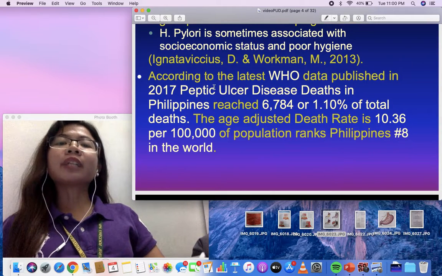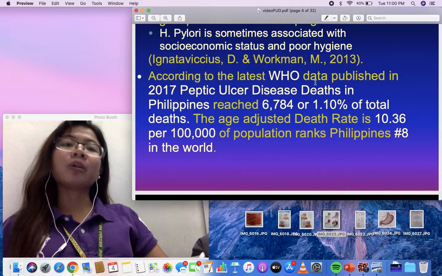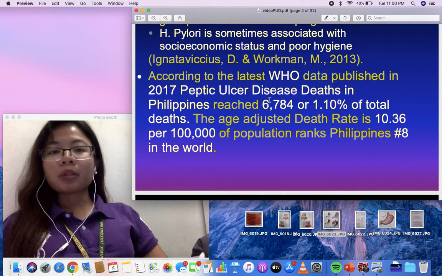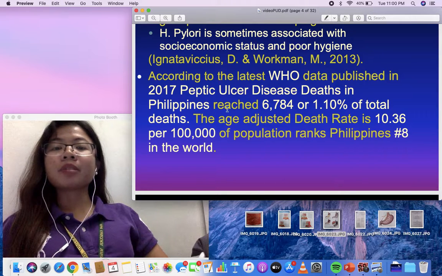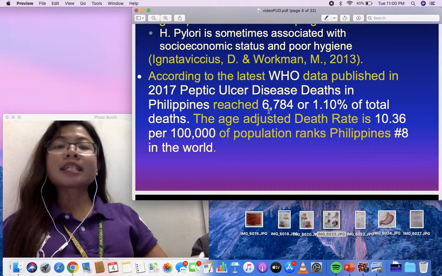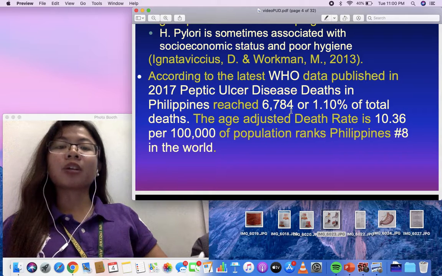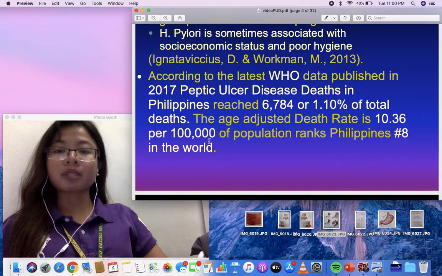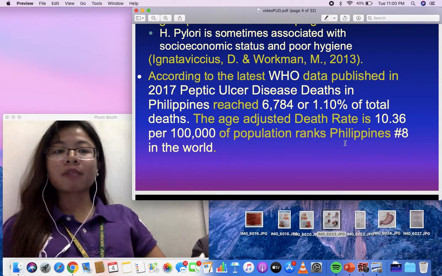And according to the latest WHO data published in 2017, peptic ulcer disease deaths in the Philippines reached 6,784 or 1.10% of the total deaths. The age-adjusted death rate is 10.36 per 100,000, which ranks the Philippines number 8 in the world.